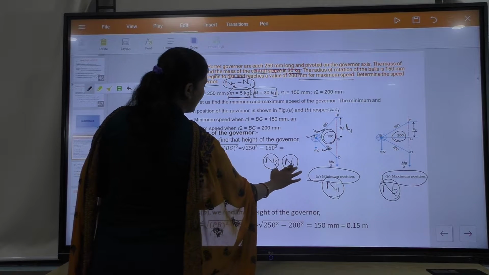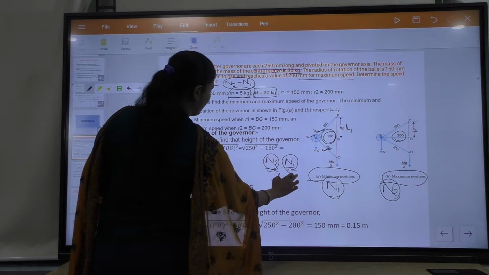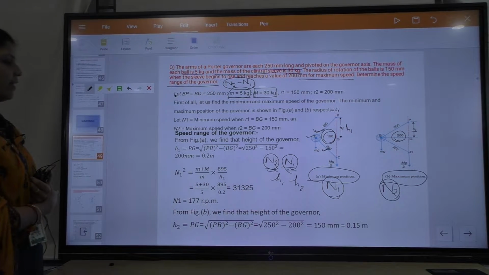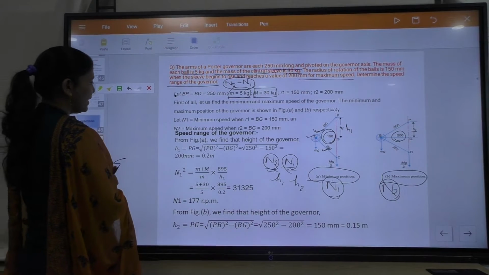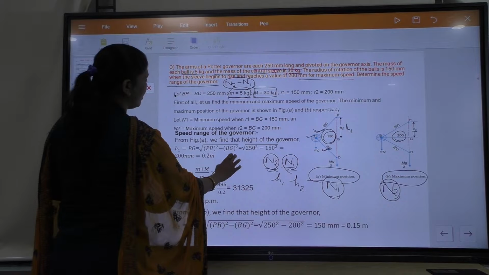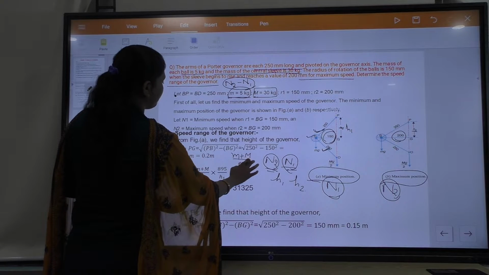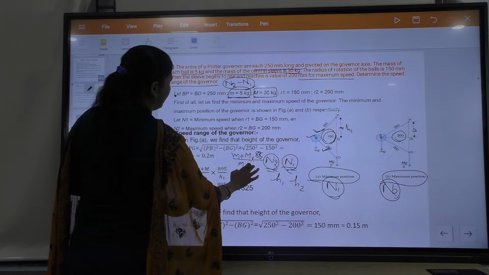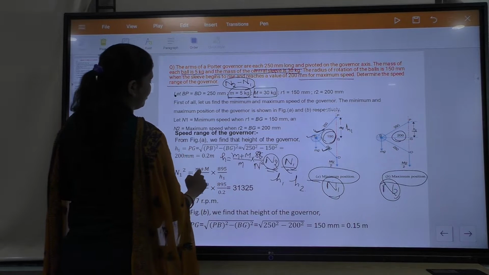But to get n1 and n2, we have to find h1 and h2, because we studied that the relation between h and n is h equals (m plus M) divided by m into 895 divided by n square. This is your value of h.